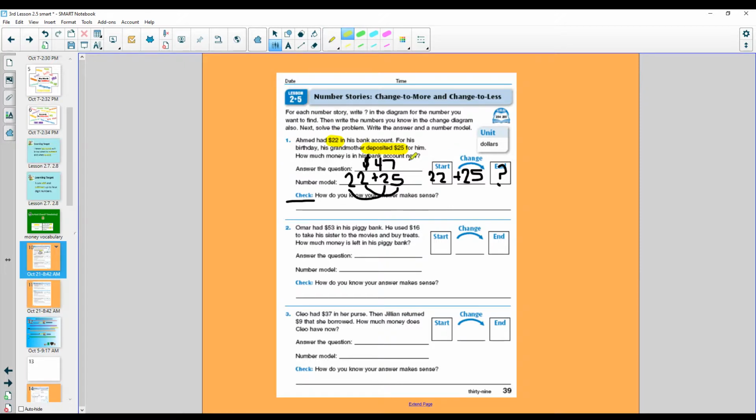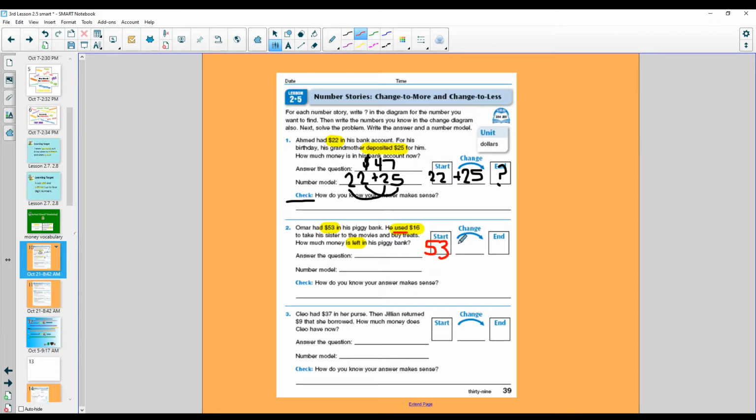Okay, let's go down to Omar. Omar had $53 in his piggy bank. He used $16 to take his sister to the movies and buy treats. How much money is left in his bank? All right, let's use our chart here to see. He starts with $53.